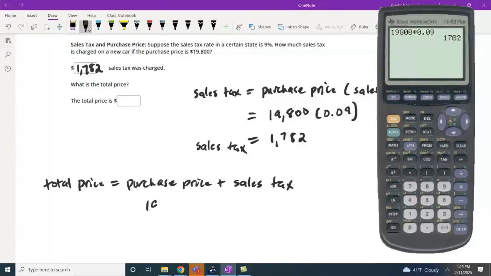So that purchase price was $19,800 plus the sales tax, which was $1,782. And I believe if we add all that together, we should get $21,582 was the total price.